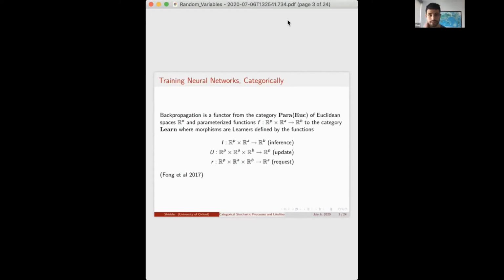The Backprop as Functor paper describes a functor from this category Para-Euc to a category Learn, where morphisms are tuples of maps, which are the parameterized function, and then a couple of other functions to represent the update steps that compose in the way that backpropagation composes.